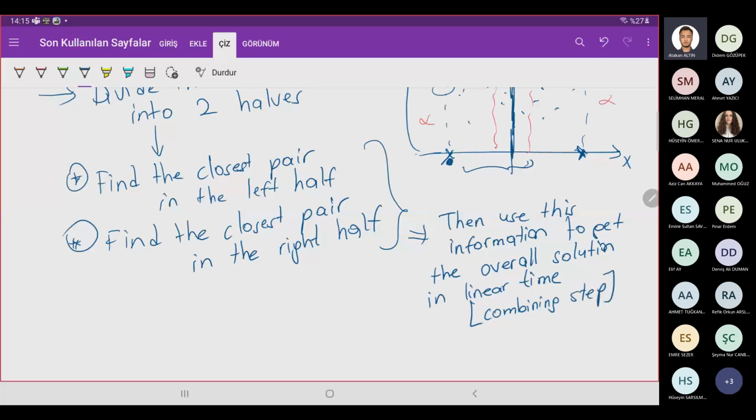Combining step. It's actually the step that is executed in all of the recursive steps.